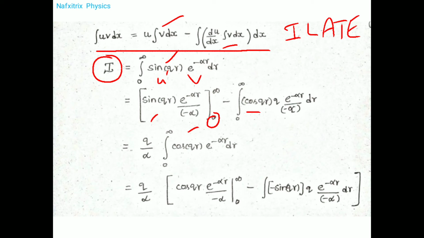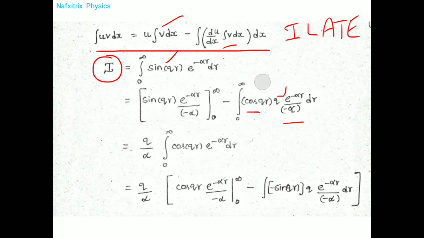And next, integration of v dx is integration of e power minus alpha r, which is e power minus alpha r by minus alpha. That is, integration of e power ax is e power ax by a, so in the place of a we have minus alpha. Now we need to calculate this.